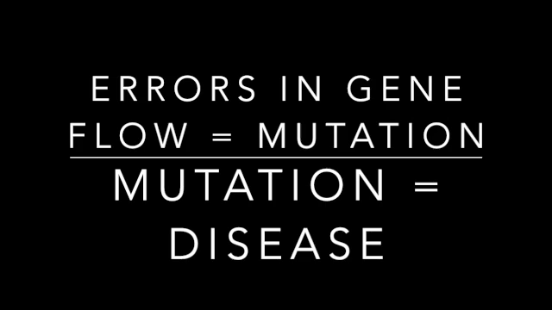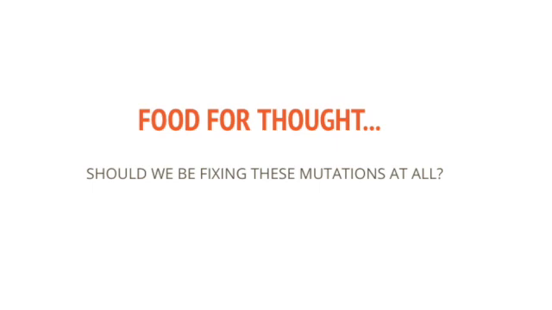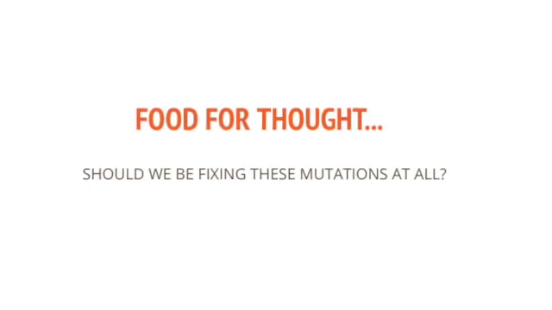And unfortunately, at this time, there is not a whole lot of knowledge on how mutations occur, but as humans, we are beginning to discover ways to manipulate the genome so that we can fix these mutations.